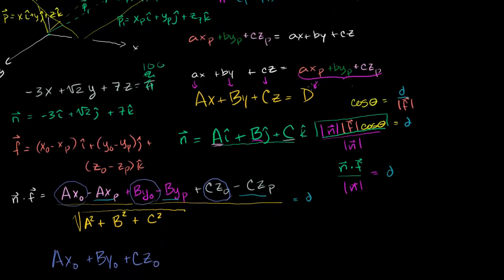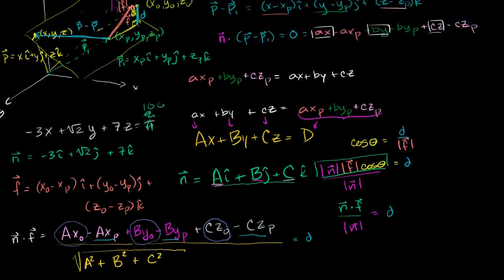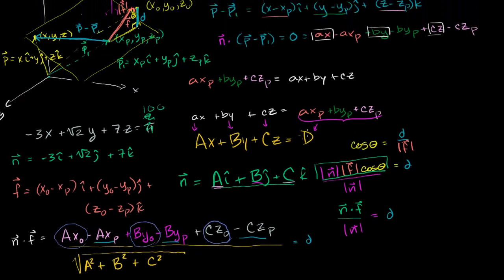Well, if you remember, d in the equation of a plane, when we started in the last video when we tried to figure out what the normal to a plane is, d is, if this point xp sits on the plane, a xp plus b yp plus c zp. Or another way you could say it is negative d.